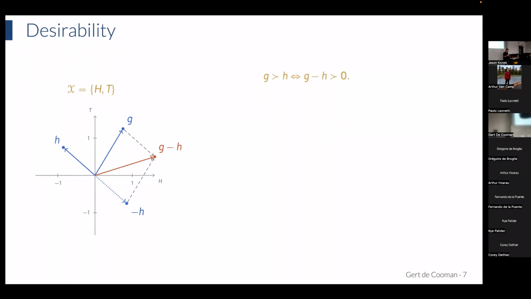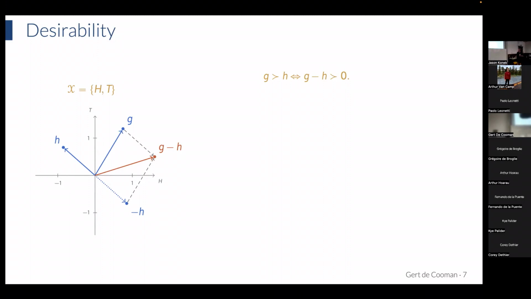And so that will imply that G minus H is strictly better than H minus H, and H minus H is 0. So G being greater than H is equivalent to G minus H being better than 0. And this holds for any two gambles G and H.